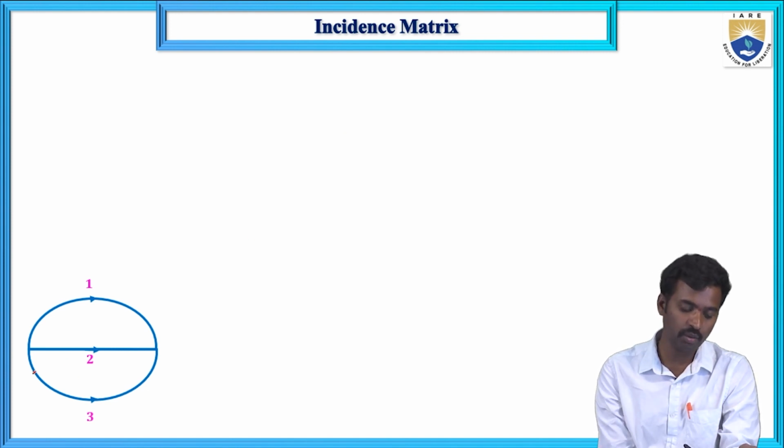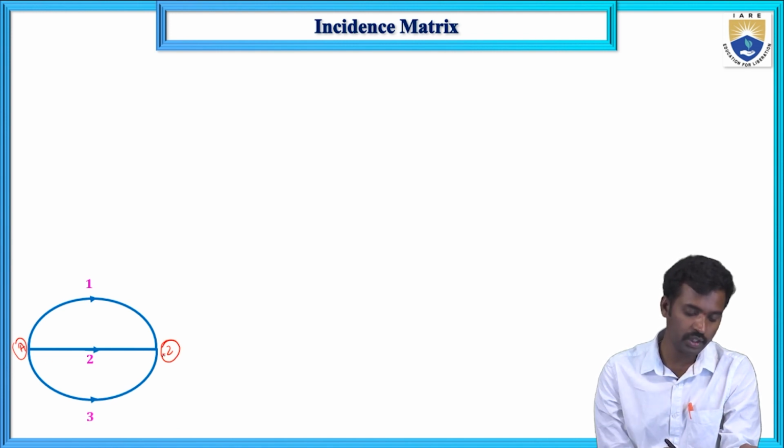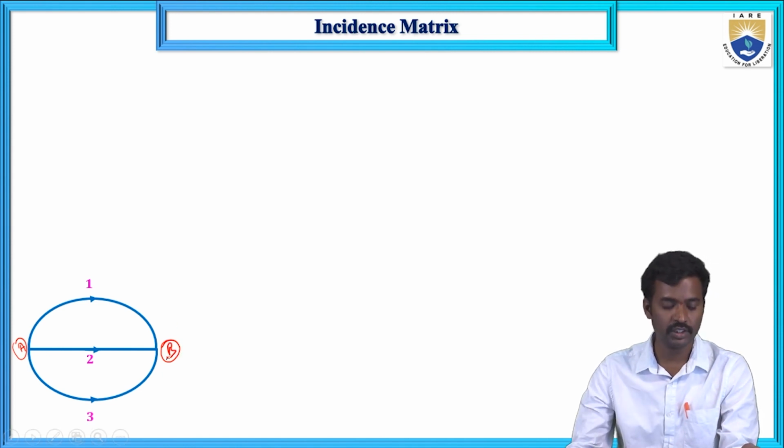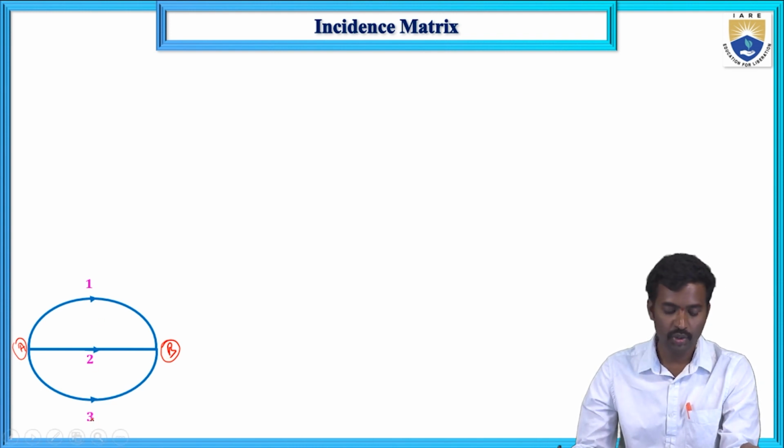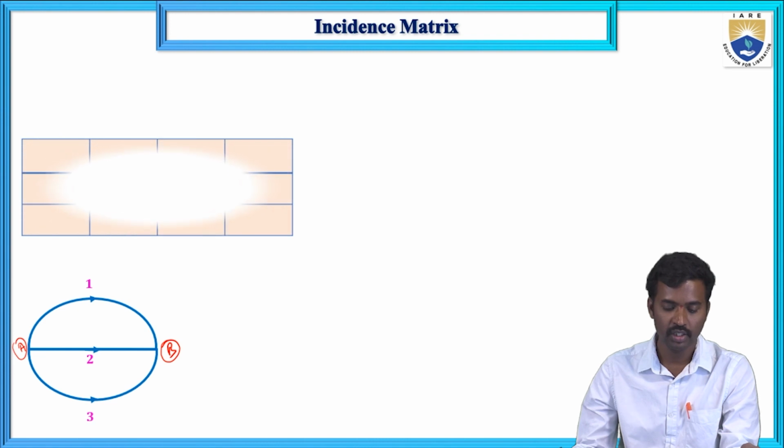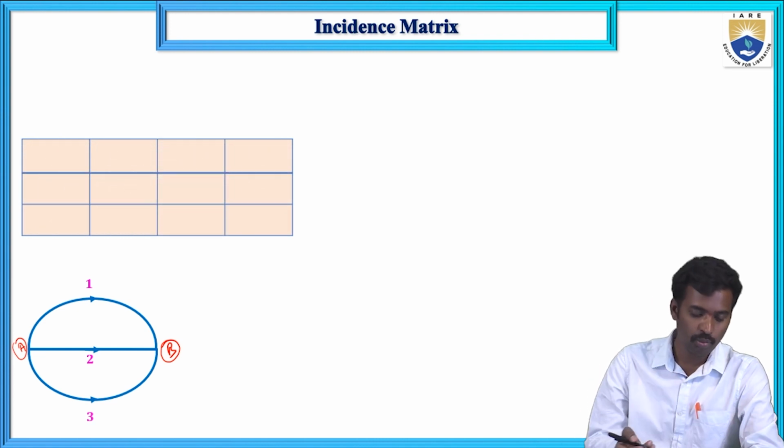First, find the possible number of nodes. How many nodes are there here? 1 and 2, so 2 nodes. I am representing this node with A and this node with B. The possible number of branches here is 1, 2 and 3, so 3 branches. The incident matrix size is 2 by 3, number of nodes cross number of branches.